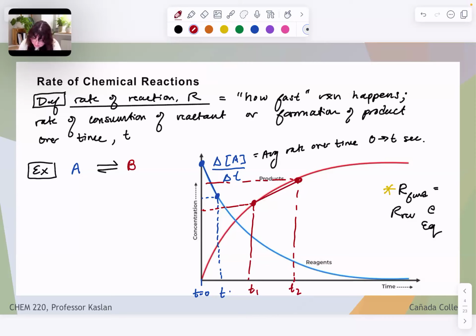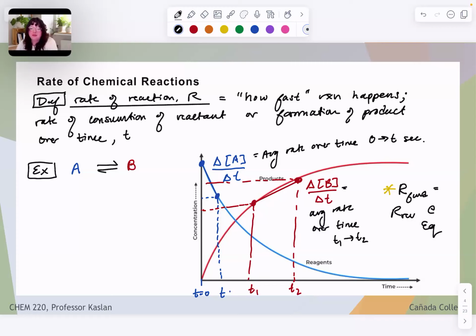If I were to connect these 2 points, I would be looking at a change in the concentration of B over some time interval delta T, which would be the average rate over time T1 to T2.